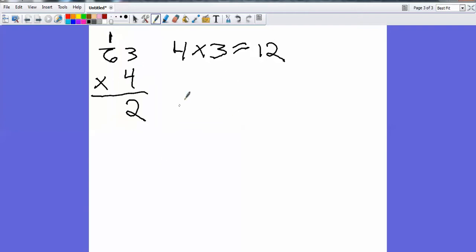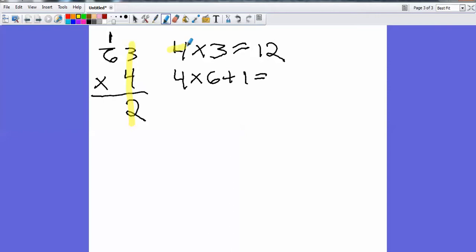So next you're going to take 4 times 6, and then you have to add the 1 from the 12 up here, so plus 1. Before we go any further, I'm going to highlight these just so we don't get confused.